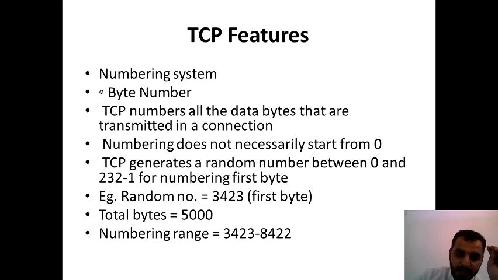Now what is the next point? It says numbering does not necessarily start from 0. It can be any random number, but the interval that is maintained should be with reference to the size that is being sent. For instance, you are sending 10 bytes of data, and the first number starts from 200. 201 to 210 is the numbering for the TCP.